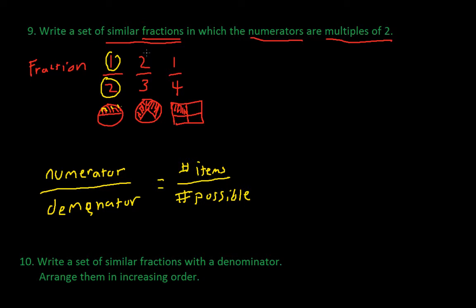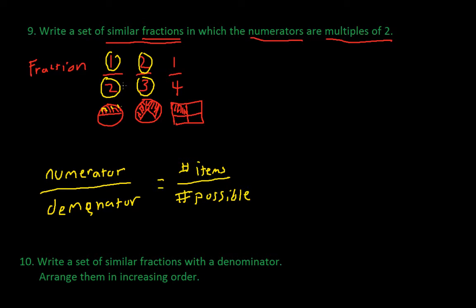The numerator in this fraction is a 2, and the denominator in this is a 3. And the important thing for similar fractions is all that similar fractions mean is that the denominator in the fractions is the same.